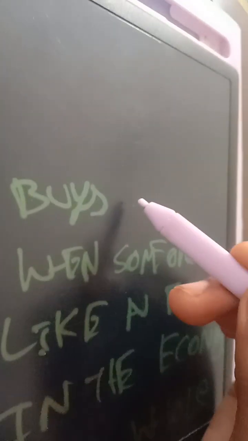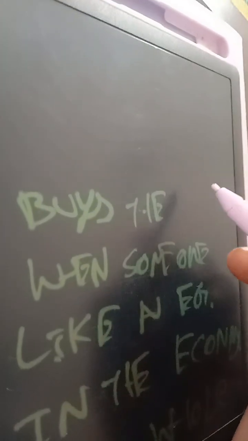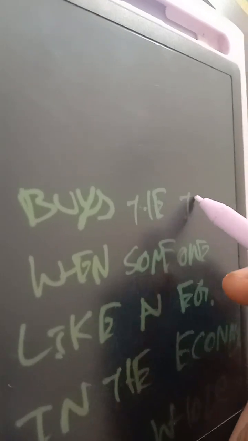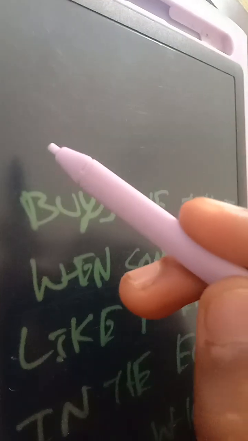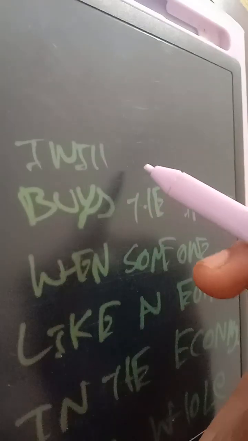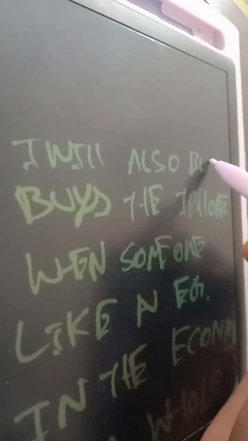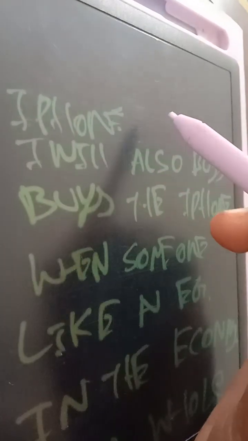For example, when someone buys the iPhone, I will also buy an iPhone from me. Another person buys an iPhone.